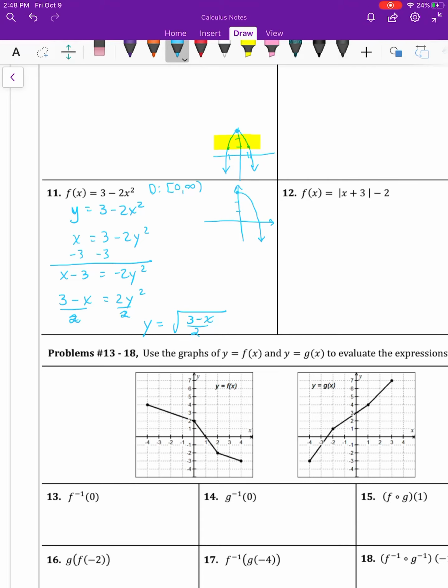It's a 2, it looks like a z. Okay, so y equals the square root of 3 minus x divided by 2, or 3/2 minus 1/2 x.